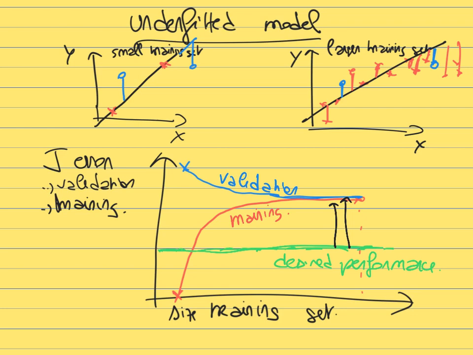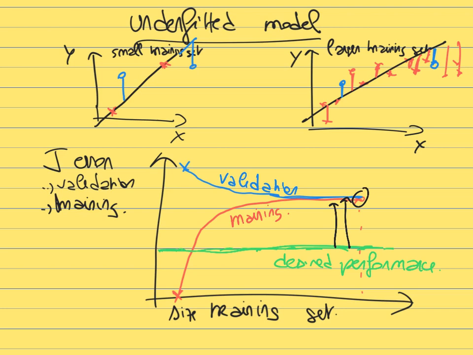Even if you look simply at the final performance of the model, you could have seen that the error for the validation set and the training set is higher than the error you were expecting. So the learning curve is not so useful for this, but it's nevertheless a first signature of an underfitted model: the error for both the validation set and the training set is higher than the desired performance, the error that you would like your model to have.